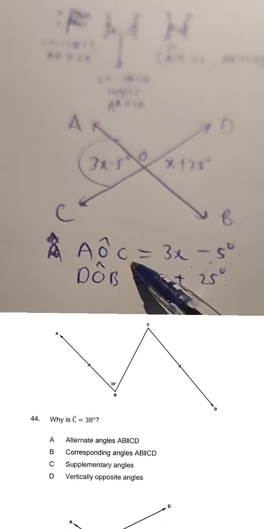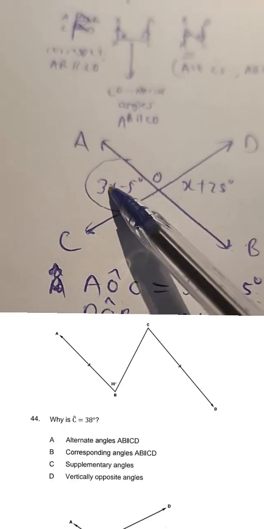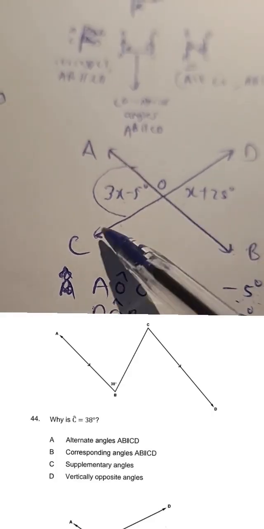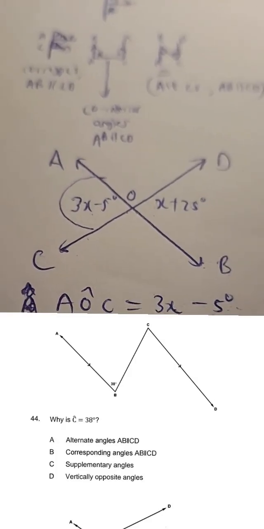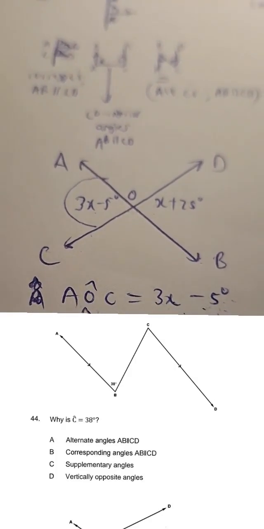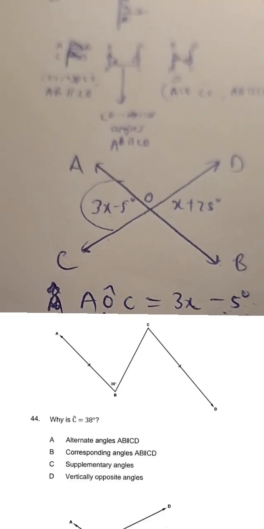So what did we just do? We checked what is the relationship that exists between angle AOC and angle DOB. Because geometry is all about the relationships that exist between angles.